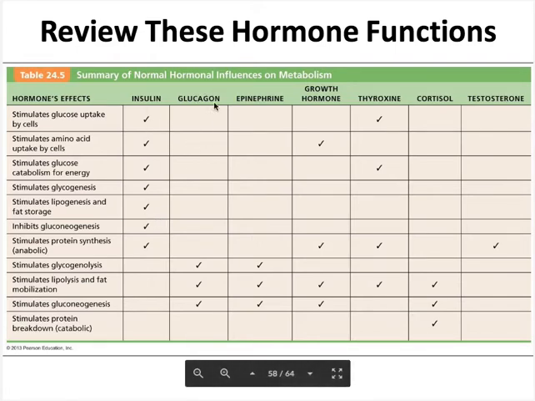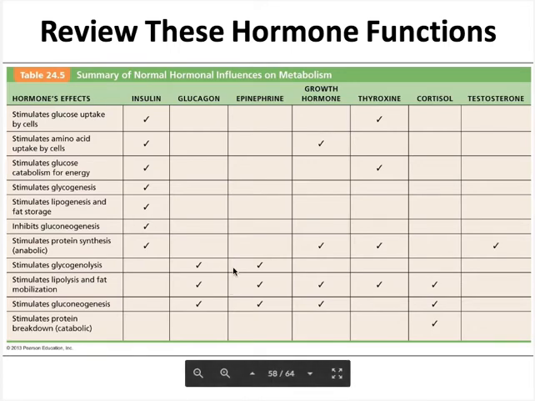The post-absorptive state relied heavily on glucagon, so you see some antagonizing processes. Here you stimulate glycogenolysis instead of glycogenesis, right? Here you stimulate lipolysis instead of lipogenesis like you did with insulin. And here you stimulate gluconeogenesis instead of inhibiting it. The overlap then comes in with some of the hormones we talked about earlier this semester.